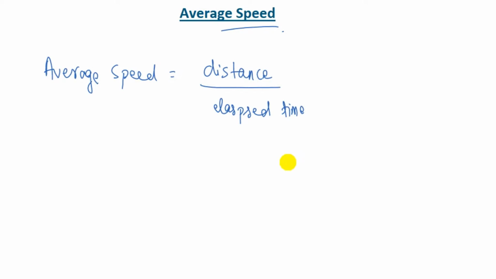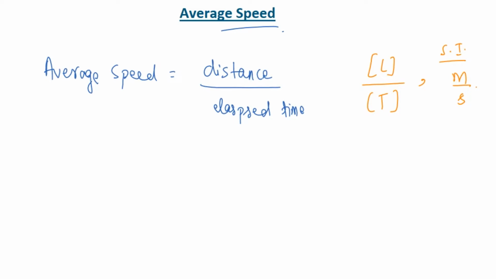Now if you see the dimension for the average speed, this is distance, so the dimension for distance is L and the dimension for time is T. So the dimension for the average speed is L over T. The SI unit for the average speed is meter per second.